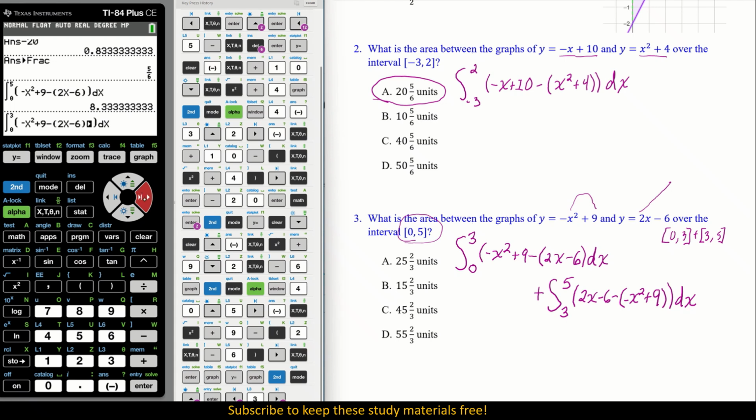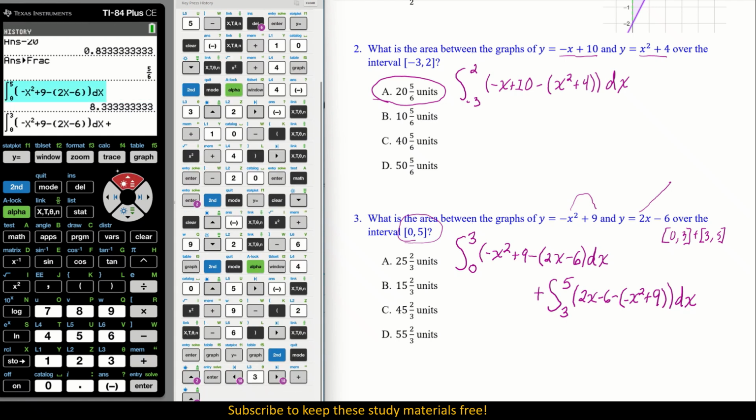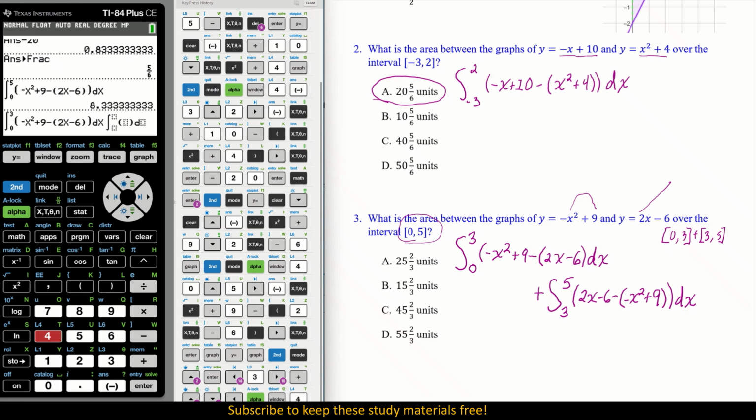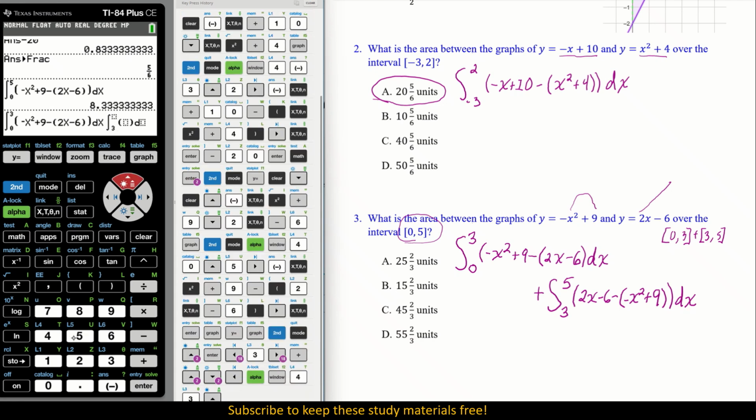I go back over. Okay, now I'm going to add plus. I'm going to go back up. And now let's not do that. Let's just start fresh because then I have to change all those numbers. So let's say alpha window number 4. Now let's go 3 up, 5, go over, and now we do it flipped.